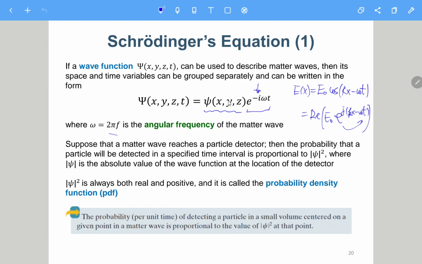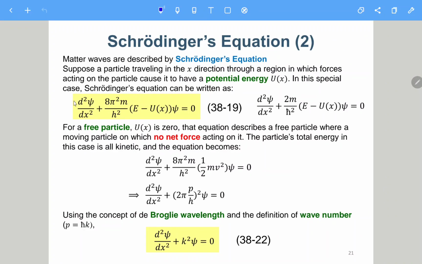So this wave function has nothing to do with time. It is only related to the position. So this is a wave function only related to the position, and this is the second derivative of it.